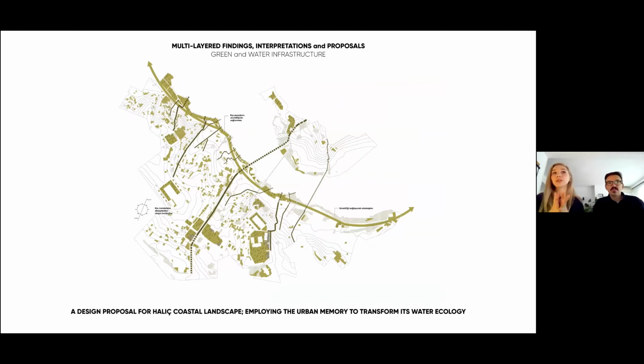So when we zoomed into our site, look at this again. You are seeing the streets that are going down to the shore, right? All of those streets have small green patches on top of them. And the moment they are turned into green corridors, they are not just carrying the people to the water, but also carrying the wind to the water.